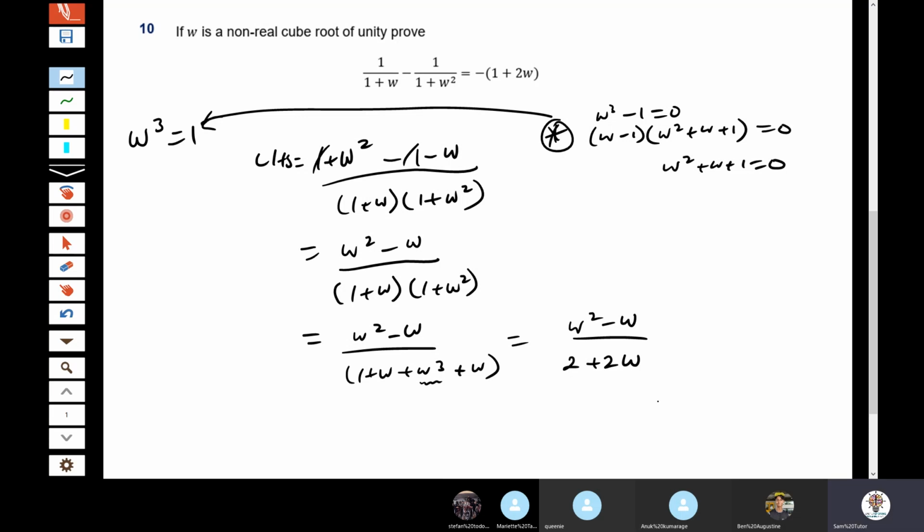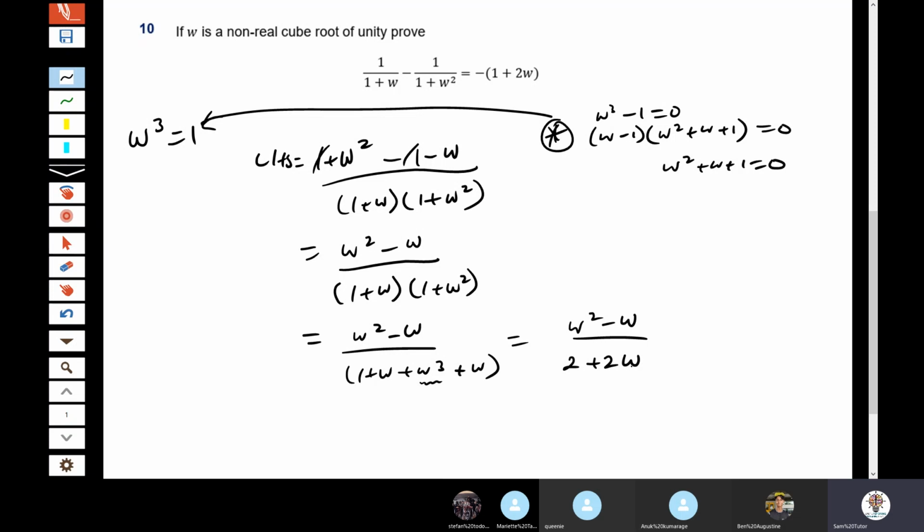I just don't like the fact that we've got 2 plus 2ω at the bottom, but what can you do? Now, rationalize it? You're not going to rationalize, not for ω's. Good idea, but no, there's no i, let's say. All right, what do you think you're going to change?